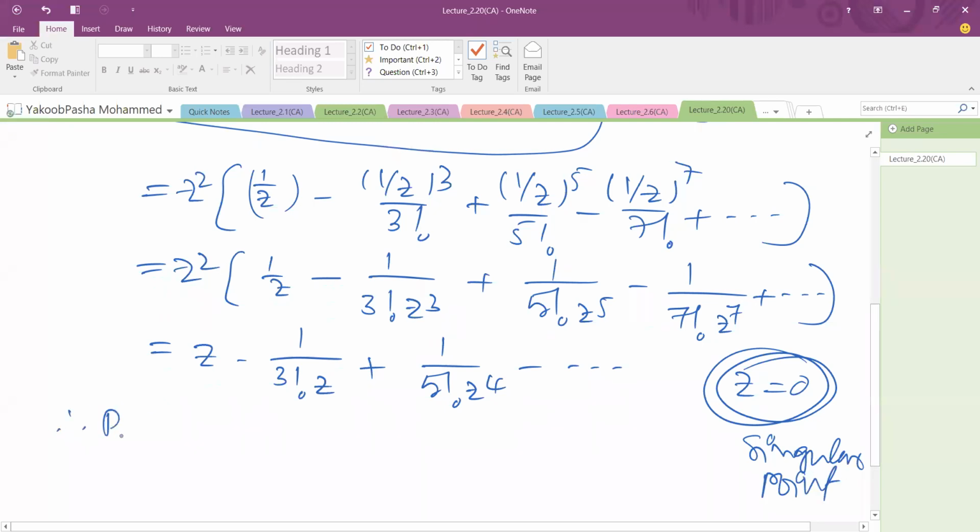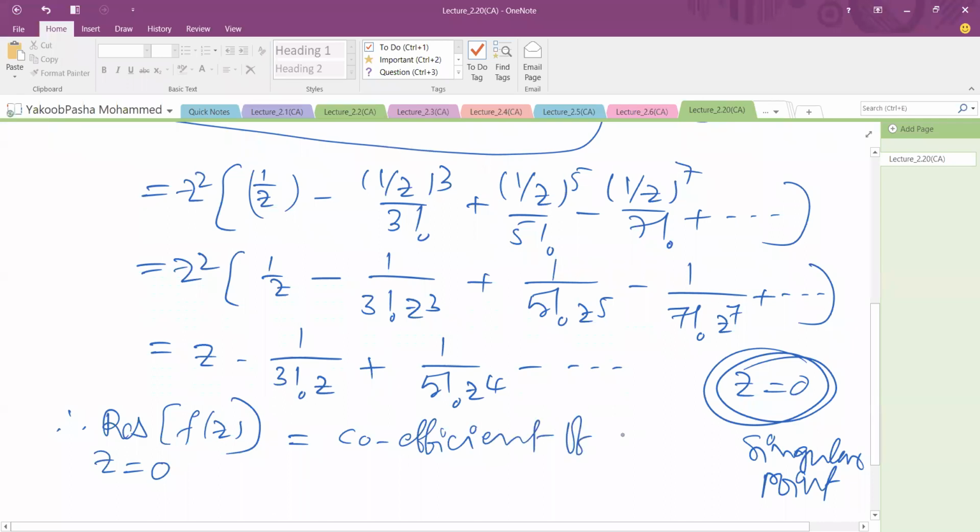Therefore, residue of the function f of z at z equal to 0 is, by the basic definition we discussed in the previous class, the coefficient of z minus 0 whole power minus 1. That is nothing but the z power minus 1 coefficient, that is minus 1 by 3 factorial, which is equal to minus 1 by 6.